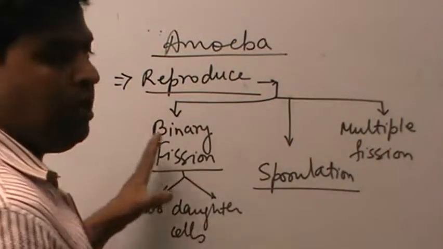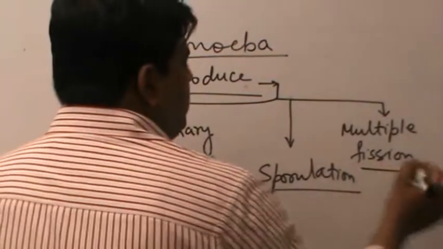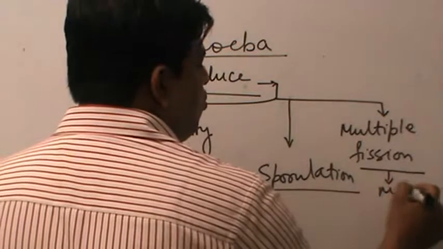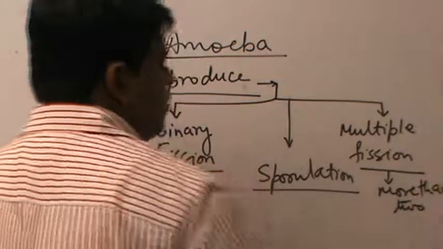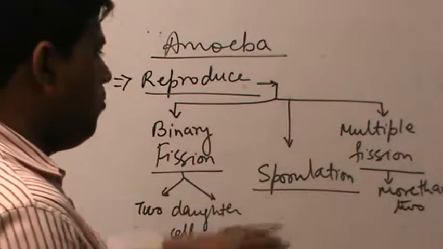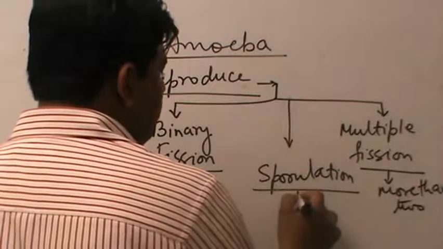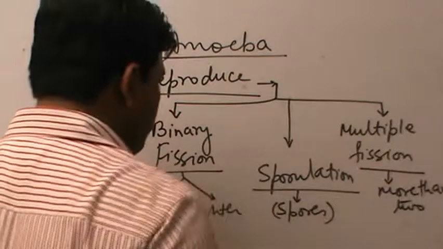Bi means two. In multiple fission, it can form several or more than two cells. Now sporulation is by the formation of special types of spores.